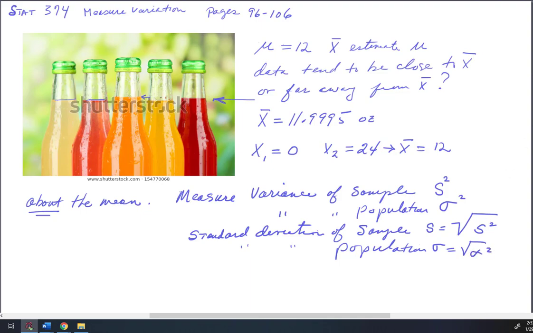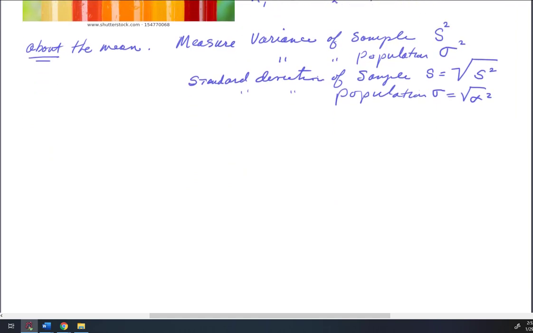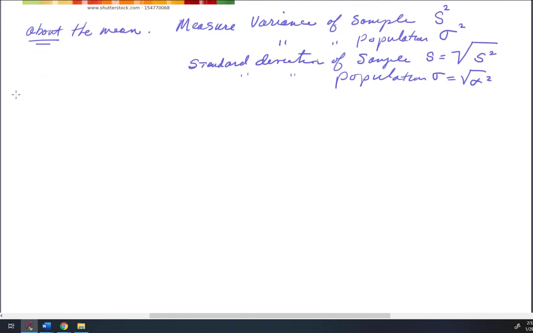So let me scroll up just a tad here, and let's talk about how we would compute the variance of a sample. So sample variance. Well, let's just think about it.